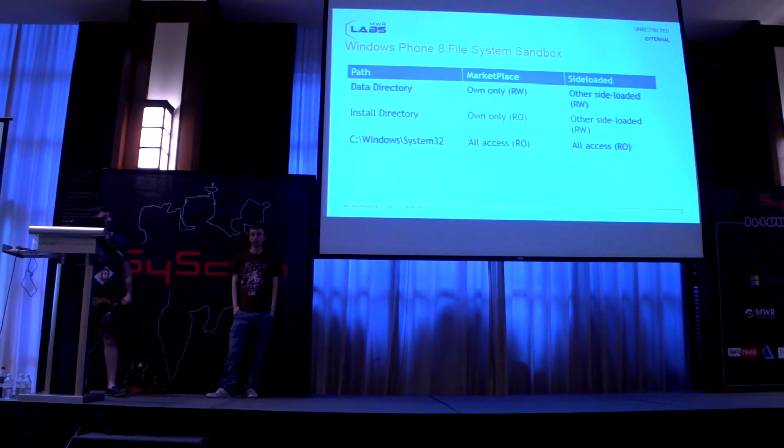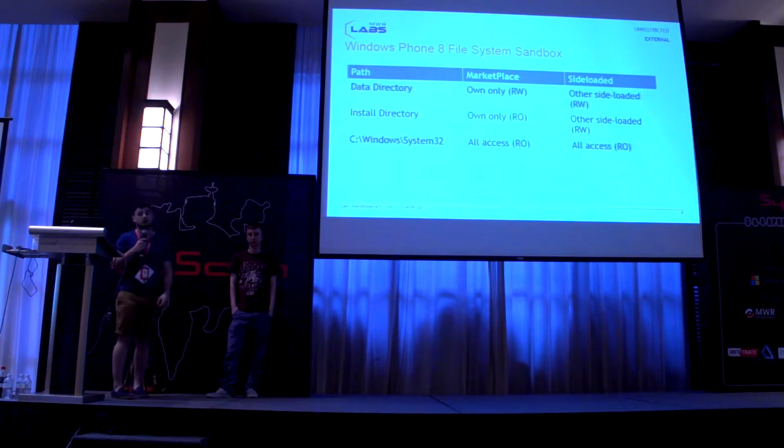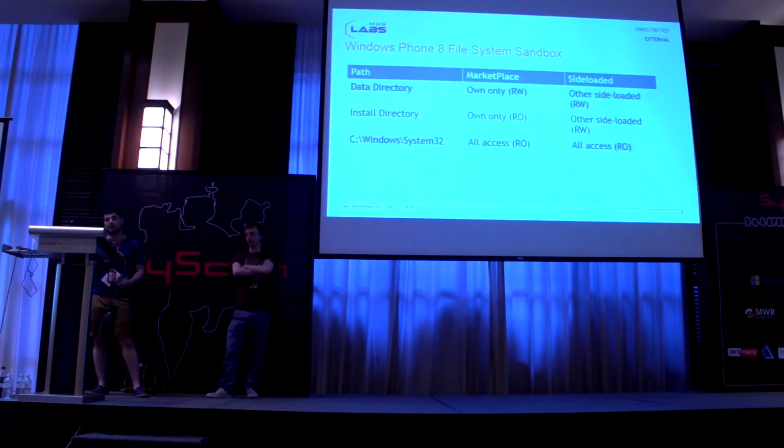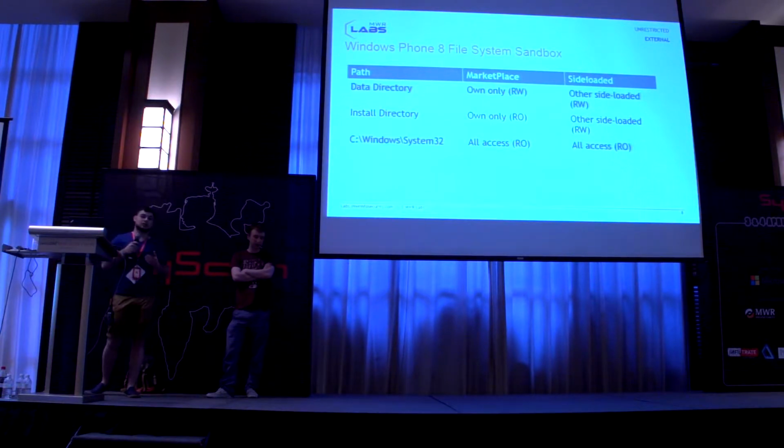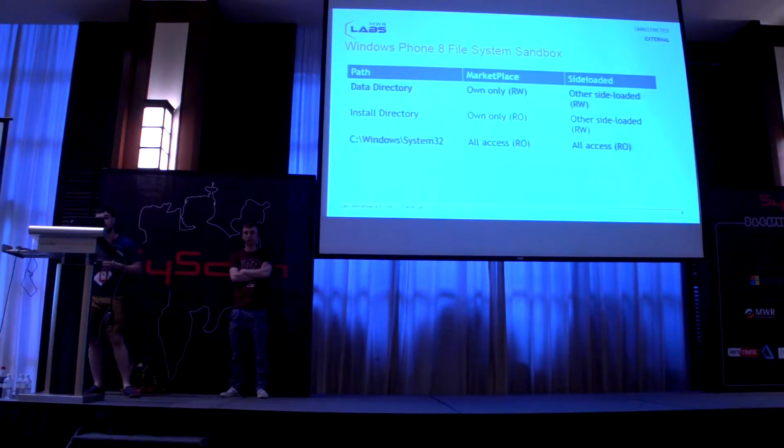Applications that are side-loaded face fewer restrictions in the sandbox, in that side-loaded applications can modify another side-loaded application's sandbox directory, including the install location of its binaries. So a side-loaded application can actually modify the code of another side-loaded application. You have to consider that when you're testing a side-loaded app, it's not necessarily representative of an application deployed from the marketplace. That's something you need to consider when you're doing an application test.